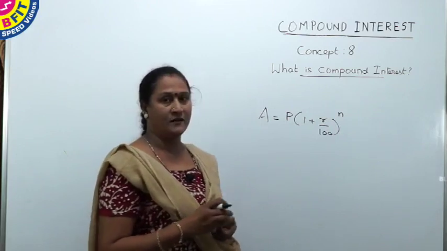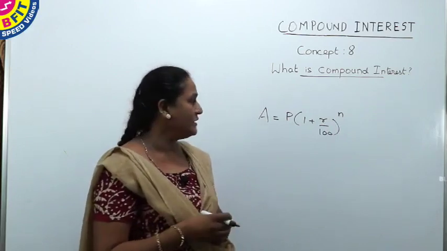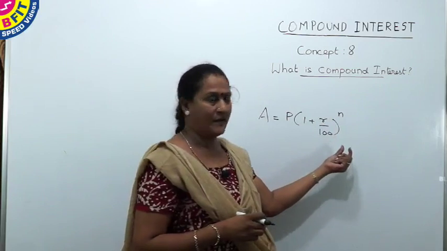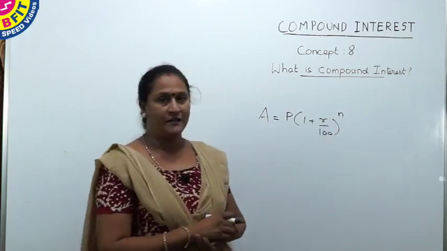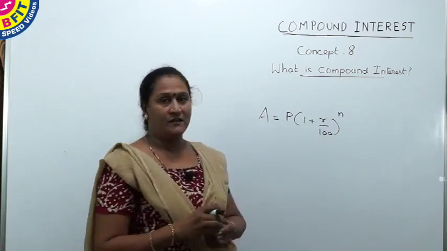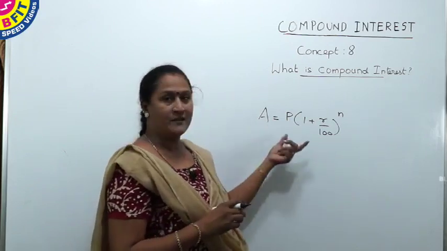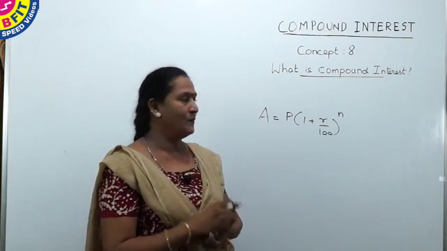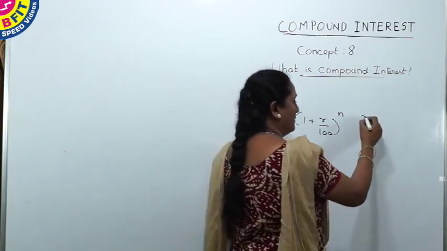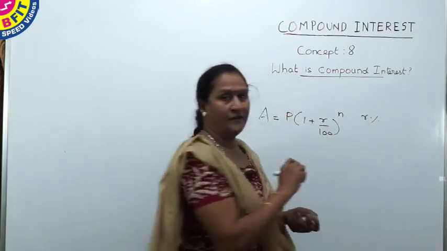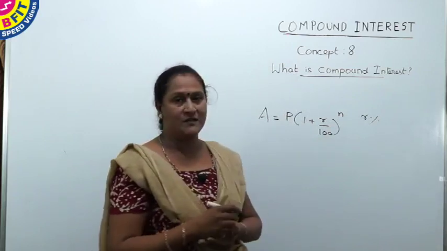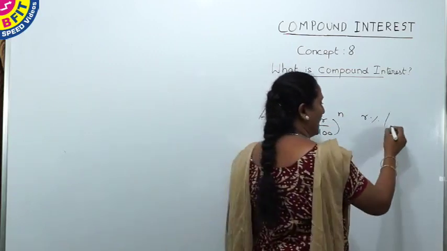If it is deposited for 2 years or 3 years, the change factor is multiplied for 2 years or 3 years. If in the question the period is not mentioned, it means that interest is calculated for every 12 months. The rate given in the question is mentioned as R% per annum.